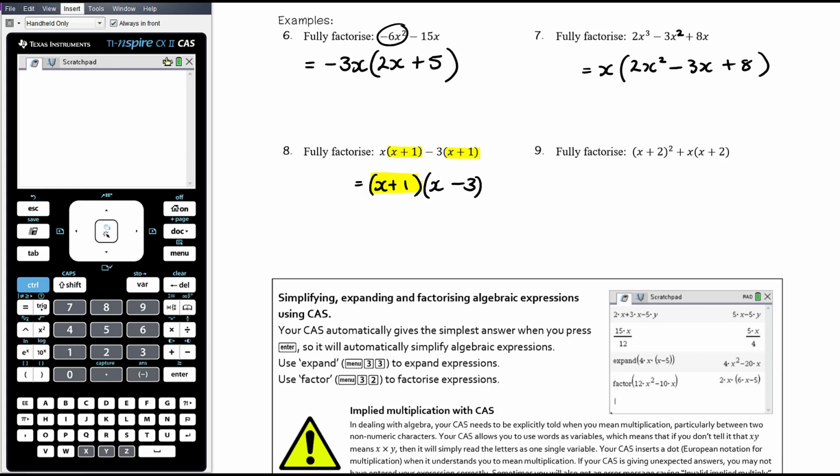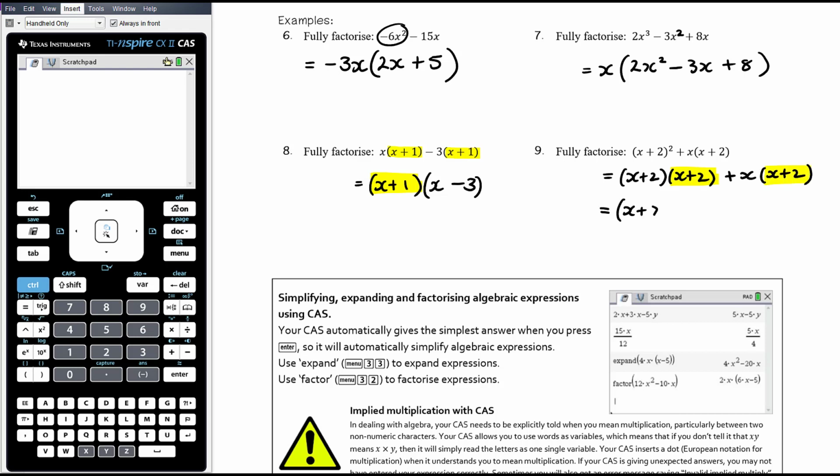Alright, again, what we want to identify here is that essentially this first term is x plus 2 times x plus 2, that's what x plus 2 all squared means, and then it's plus x times x plus 2. And again, we want to identify that what's common to both these terms is the bracket x plus 2.